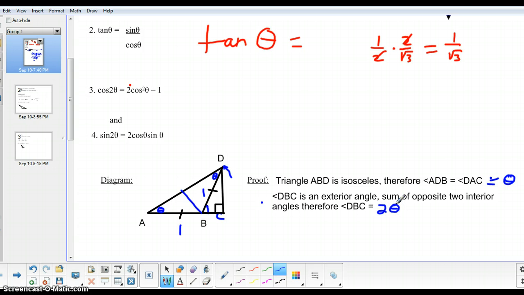Okay, so now we're trying to prove this cosine 2 theta. So now that we have that this is our 2 theta, let's see if we can set up some relationships to help us solve for that and get to cosine squared theta. So first let's look at cosine 2 theta, because that's what we're looking for.